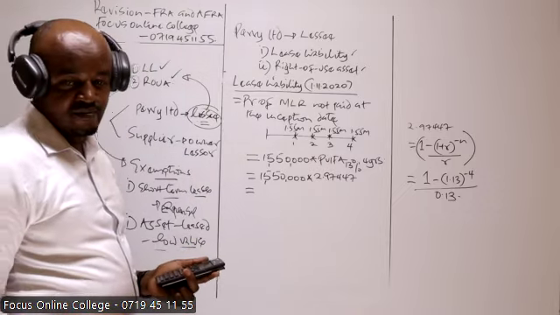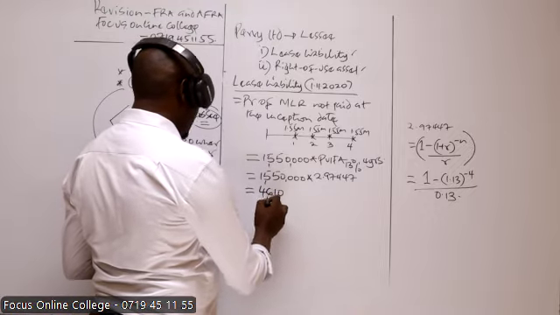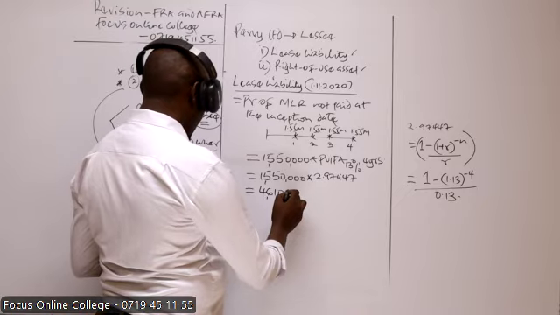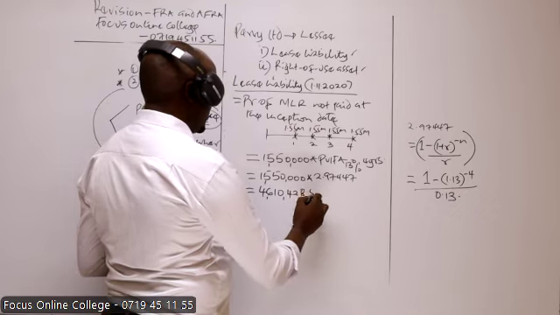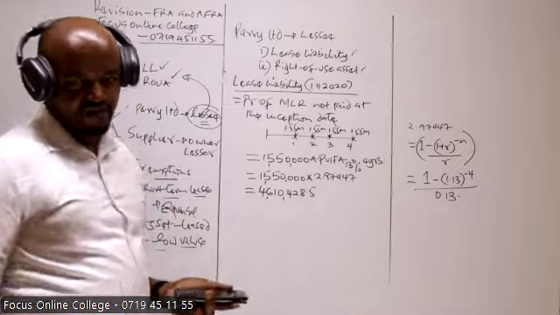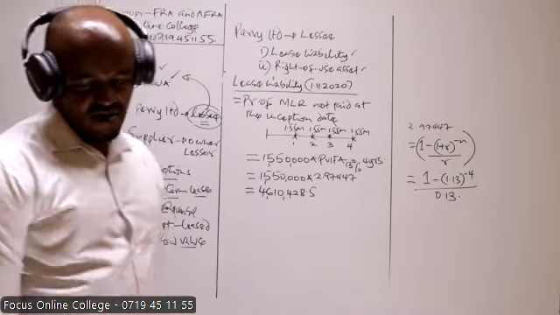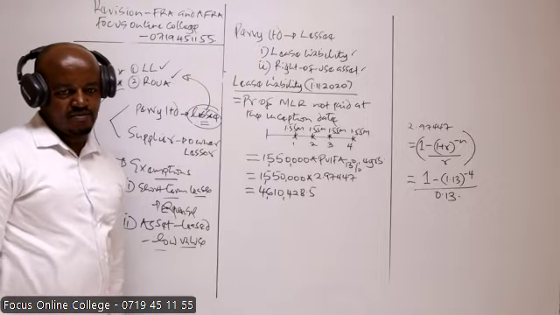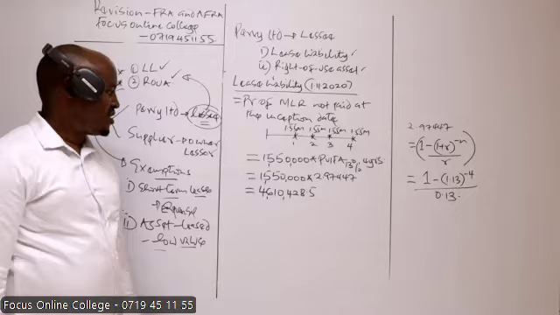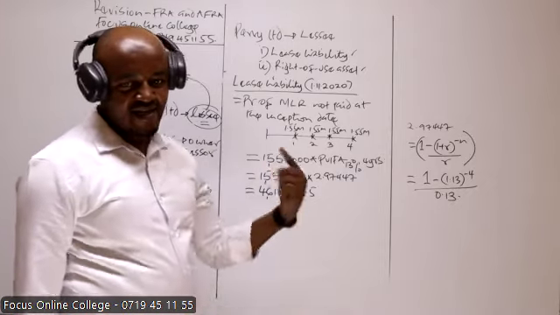Yes, this one will give us 4,610,428.5. So what is this? This is basically the lease liability at the inception date.